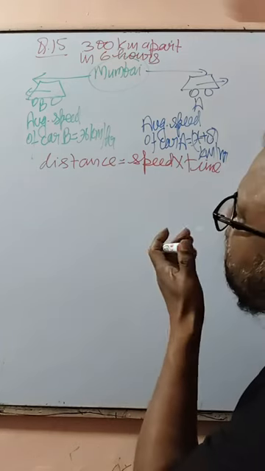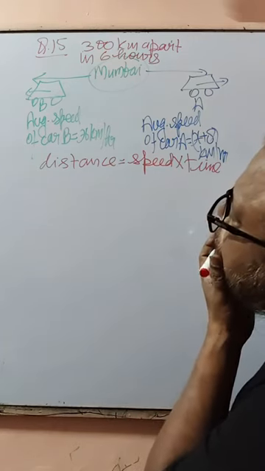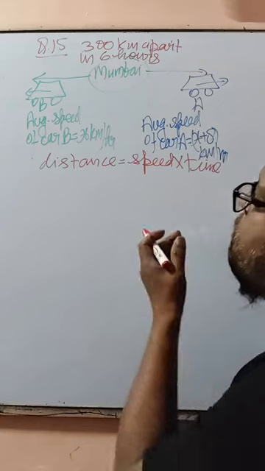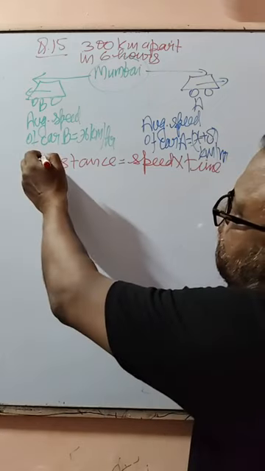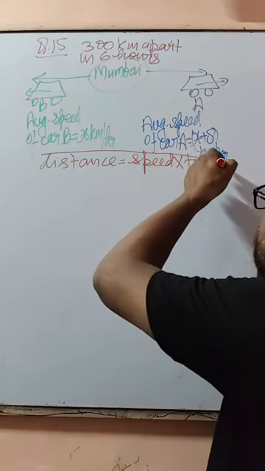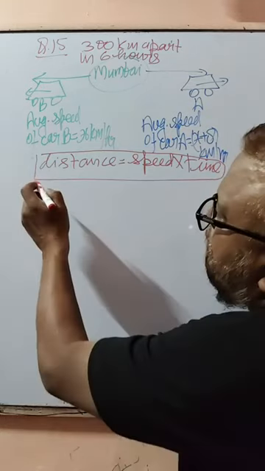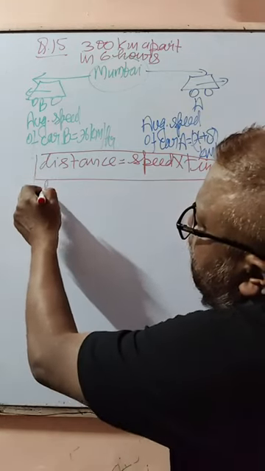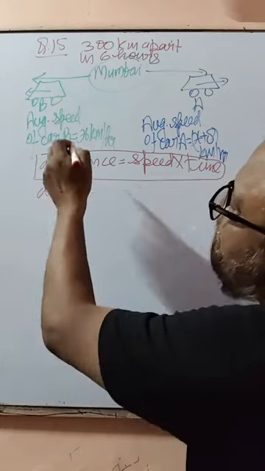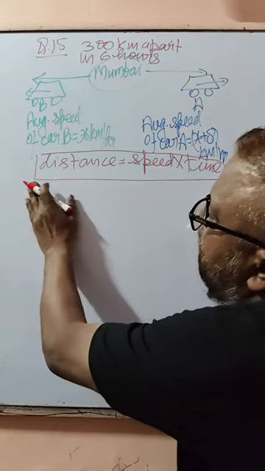Yes, sir. 300 kilometers apart. Okay, this is a different phenomenon. So D1 is equal to the speed of car B.